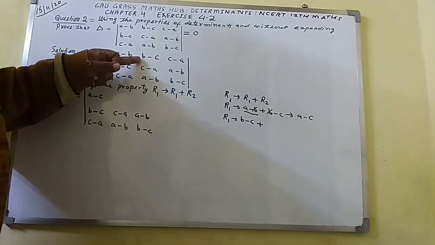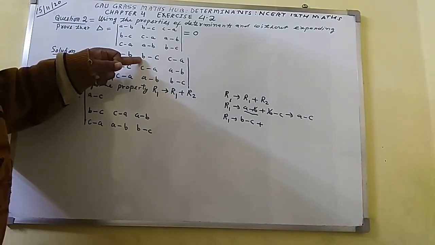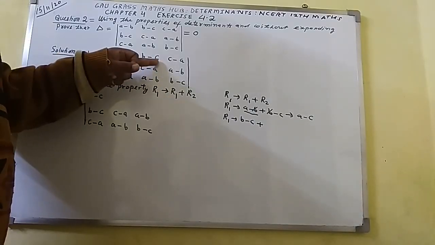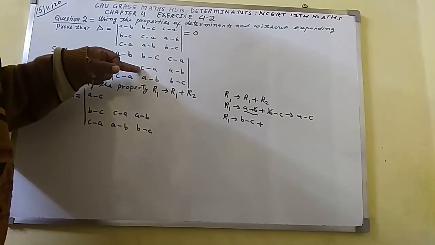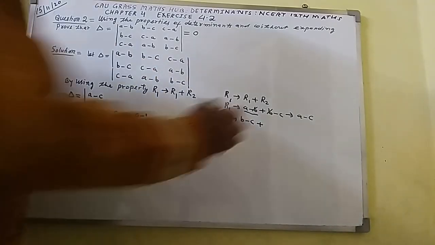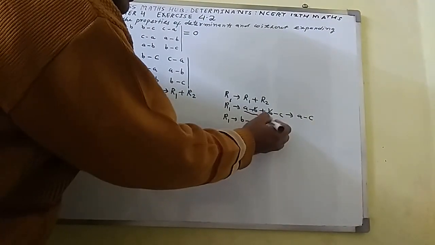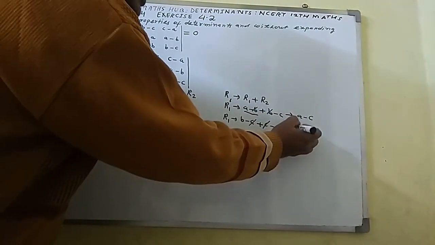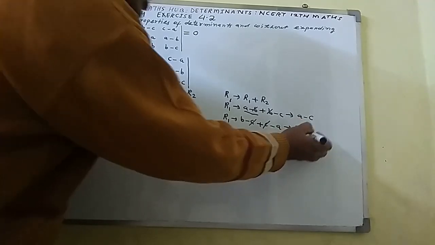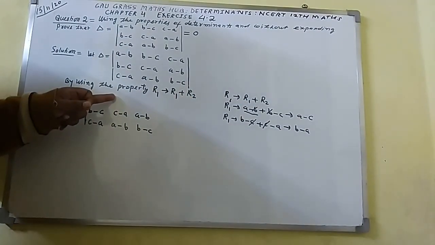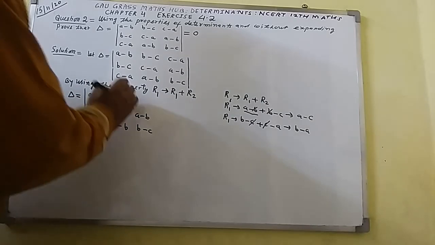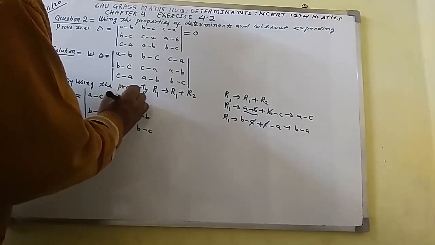The corresponding element of B minus C in the second row will be C minus A. So write here C minus A. This will be cancelled out. We will get here B minus A. Now here you will write B minus A.